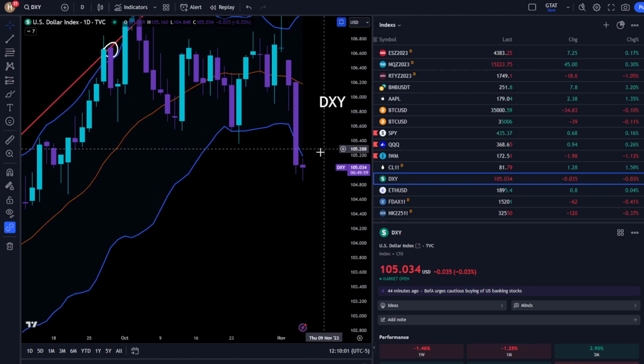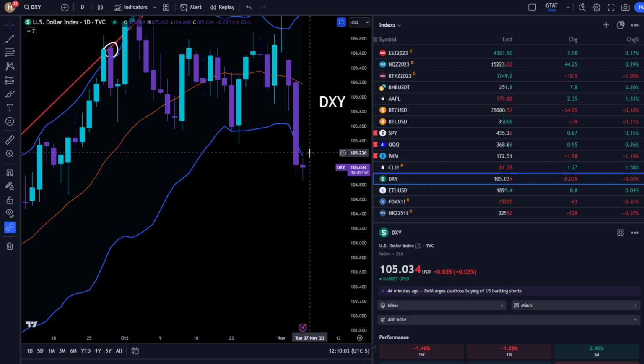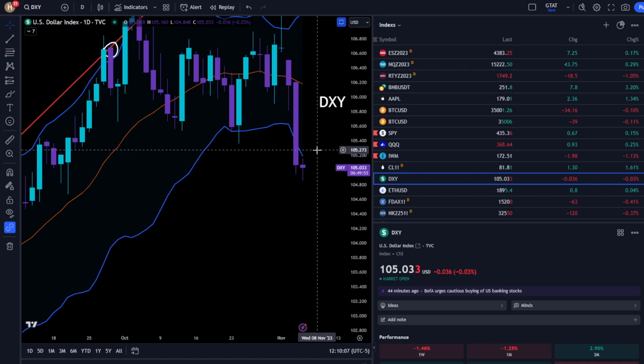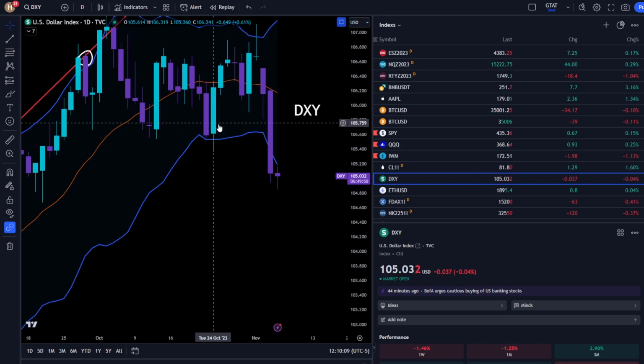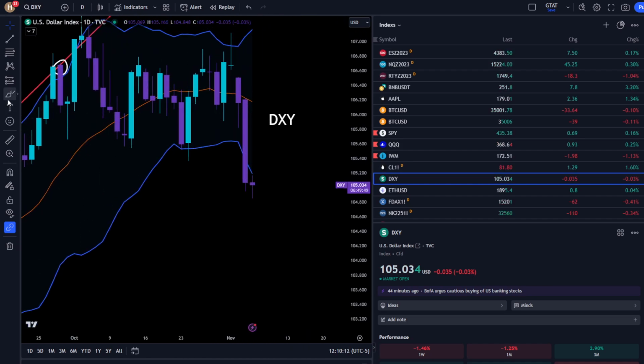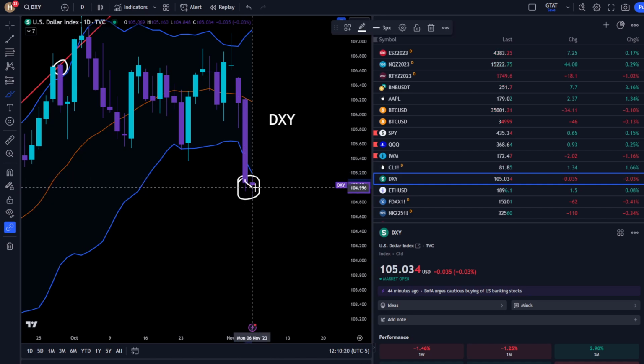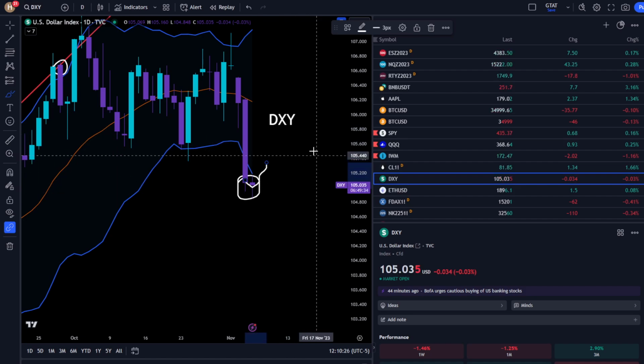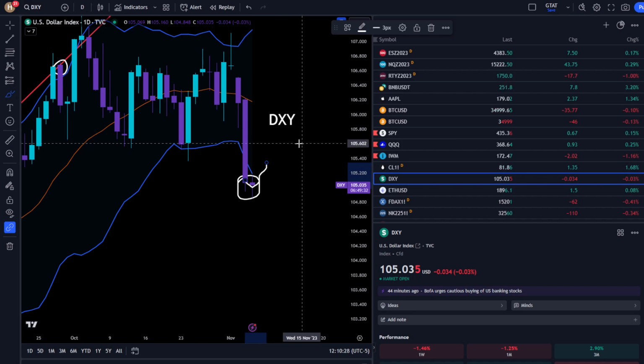But the main reason that I also shared on my Twitter and in the Discord servers this morning is that the dollar is very overextended to the downside. You could see that it's opened outside of the lower level of the Bollinger Band. When we're outside of the lower level of the Bollinger Band on any index, on any large tech stock, generally we get a reversal back up. The dollar is important to look at because it has an inverse relationship to the market.